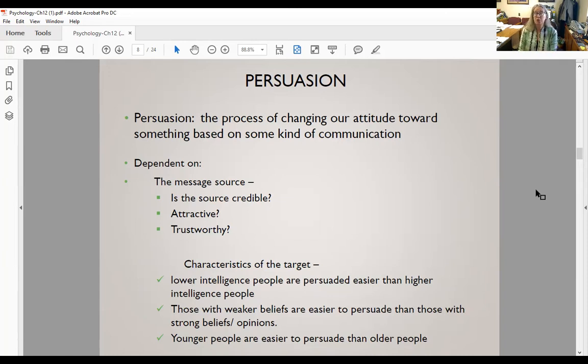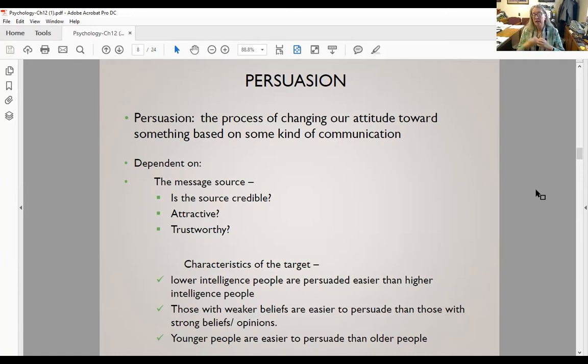The Yale approach finds, however, that there are other things besides just message strength and how logical the message is that end up being important. The book touches on a couple of these, but the main thing to know is just that there are characteristics of the message that are important. I'll give you one example quickly.